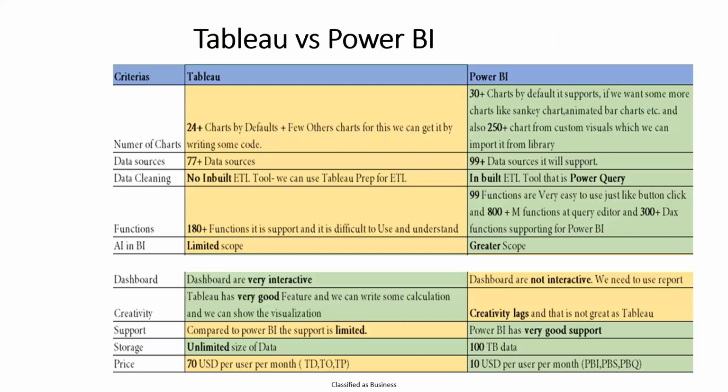Fine. Coming to the differences, I have come up with a slide comparing the competitor tool Tableau with Power BI. Try to observe the differences here. Criteria is nothing but business criteria.